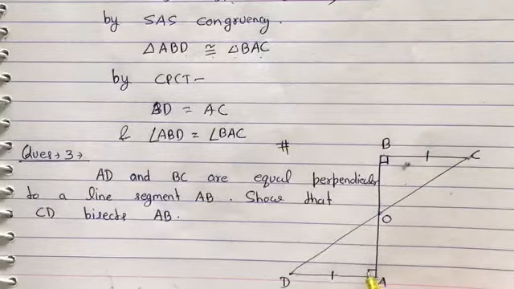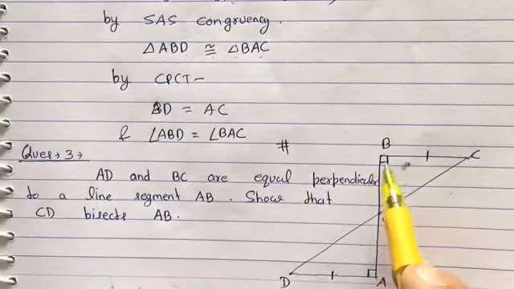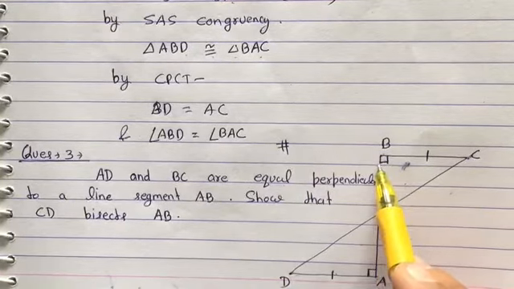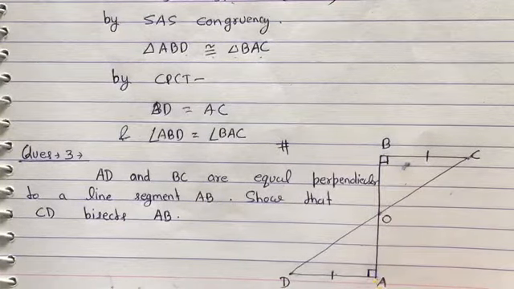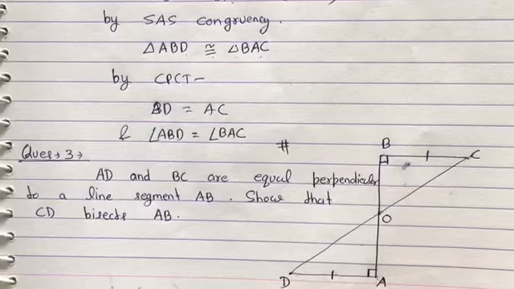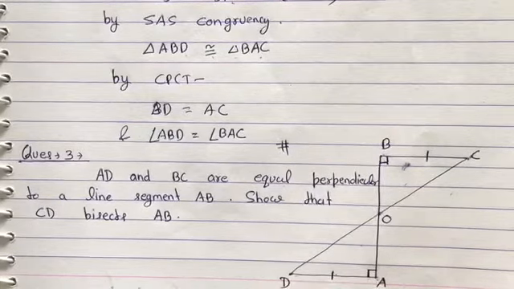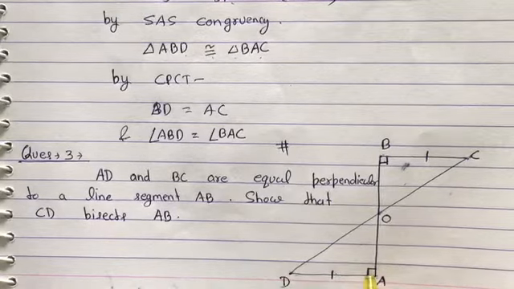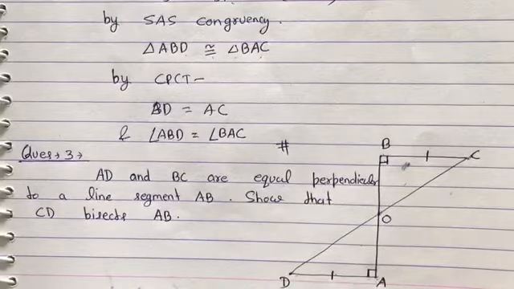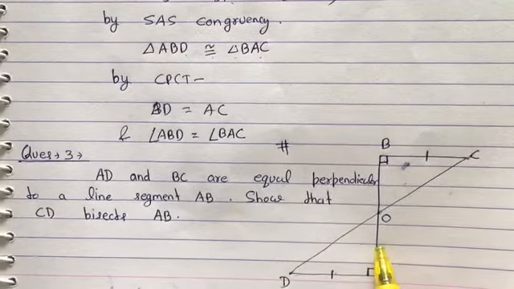Second thing is this angle A is equal to this angle B, because both angles are 90 degrees. One side is equal, one angle is equal, and if another side is also equal, then side angle side congruency we may apply.